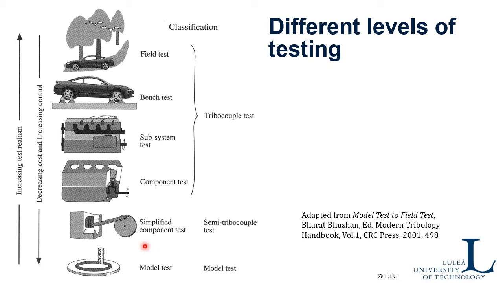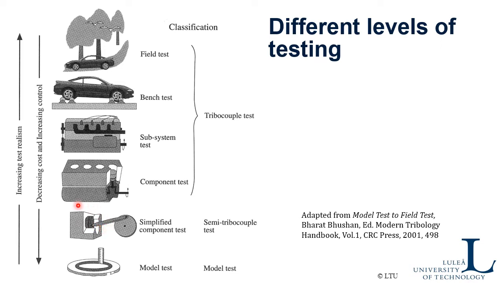Next level is a kind of simplified component test. For example, this should show a piston ring in the engine in contact with a cylinder liner material, and you can run just that tribocouple in a well-controlled test.